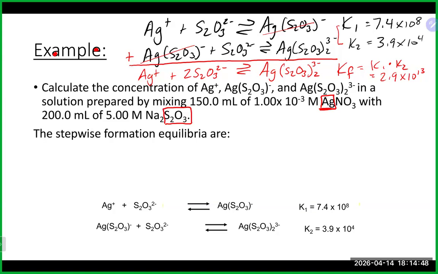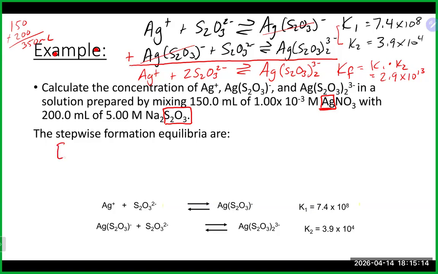We're mixing these together, so we want the concentration of each once they've been mixed together. That is an M1 V1 equals M2 V2 situation. Our total volume is 350 as we have 150 of one and we're mixing it with 200 of another. So we have 350 milliliters total.